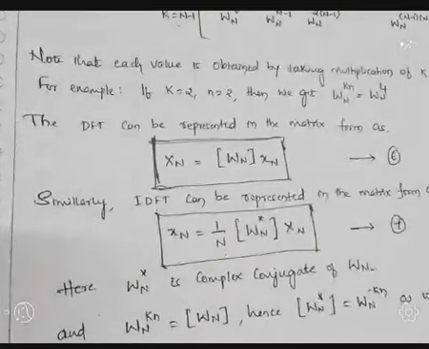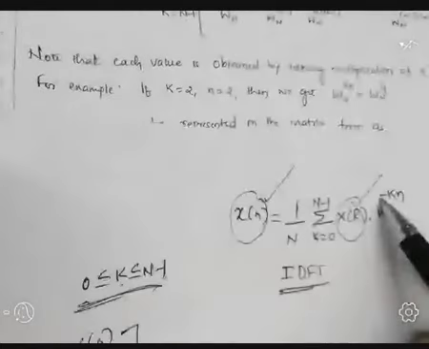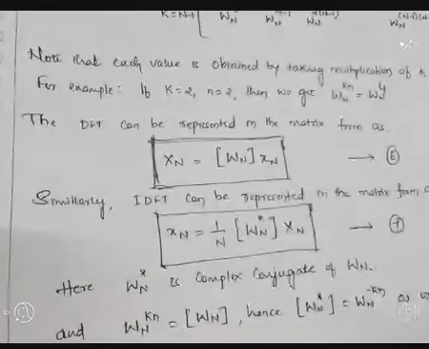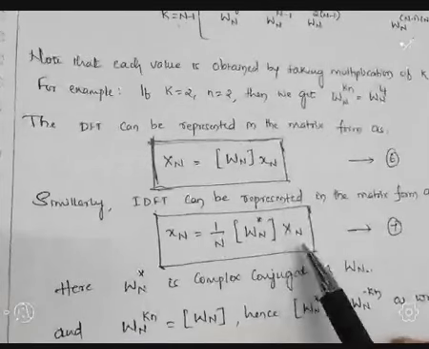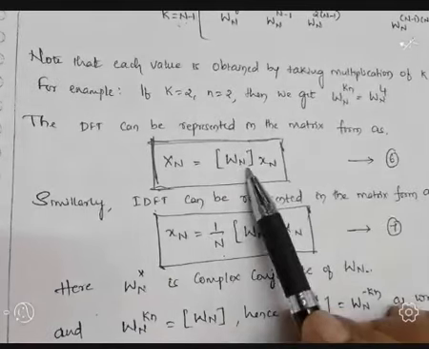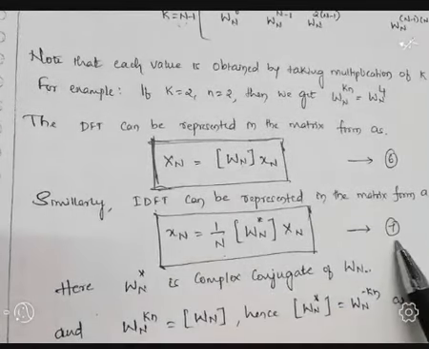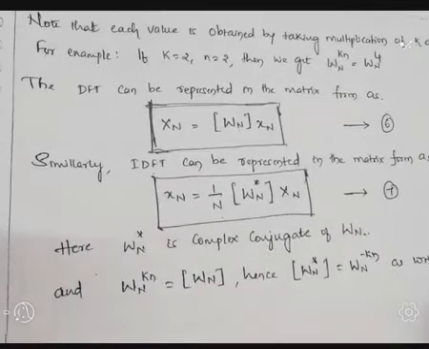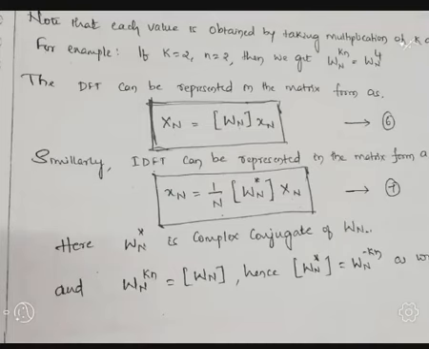Multiplied by X of k, X of k means capital X suffix N. So equation 6 is the representation of the n point DFT in terms of matrix, and equation 7 is the representation of the IDFT in matrix format. So we can give the title for this concept as DFT as a linear transformation.